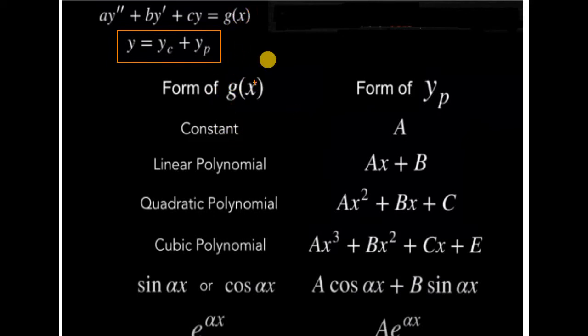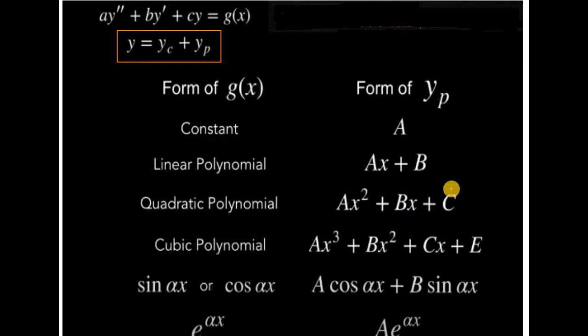Now in this table we have the entries lying to the left hand side and entries to the right hand side. The left hand side represents functions lying on the right hand side of the differential equation. The entries lying on the right hand side are the generalized form of the function g of x.